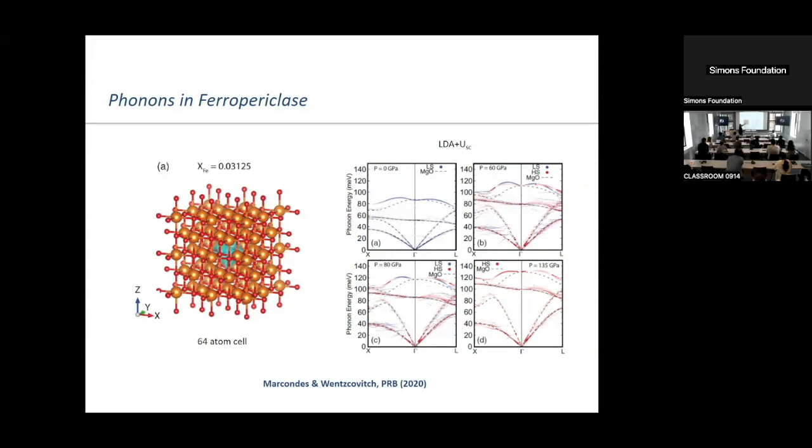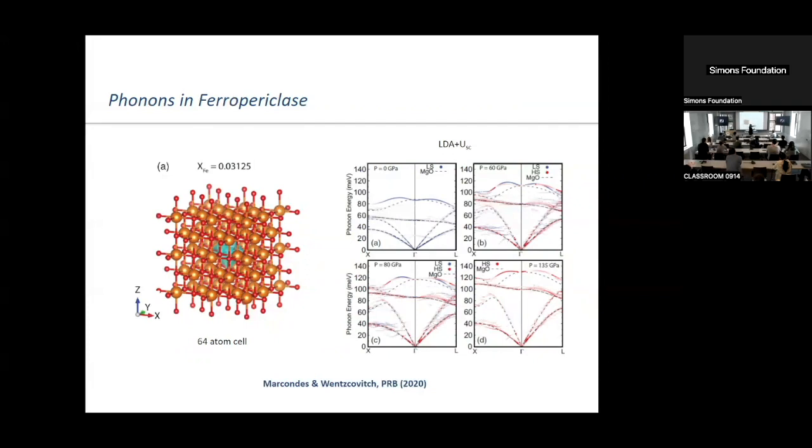So we had one single iron in a 64 atom cell. So you can stabilize the high spin state, the low spin state throughout the entire pressure range of the mantle. And calculate phonons. And these phonons are unfolded into that of the primitive cell. The low spin state is stable. You don't see any unstable phonons at 0 GPa.